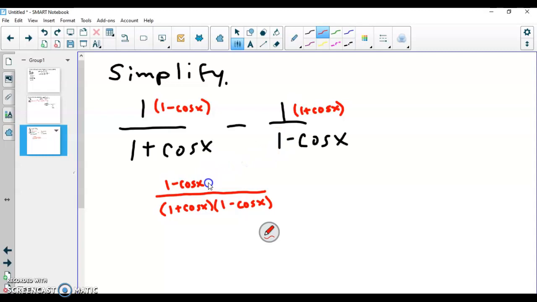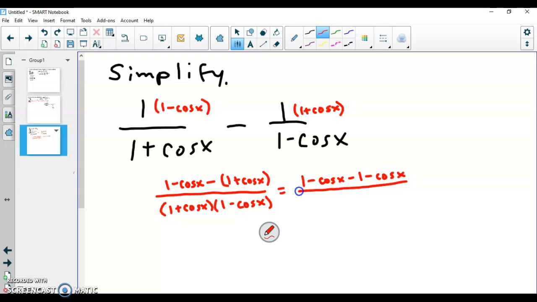So I would have minus, and then the 1 plus cosine x, and we'll go about simplifying this in the next step. Okay, so in my next step, I would say that's equivalent to having 1 minus cosine x minus 1 minus cosine x.